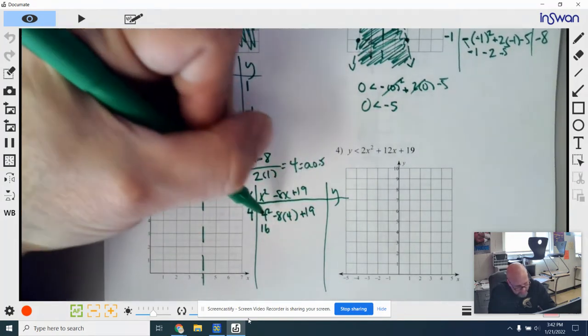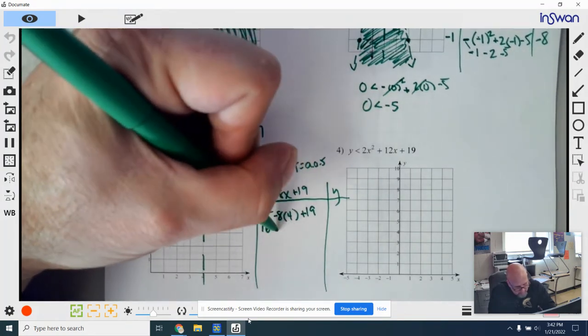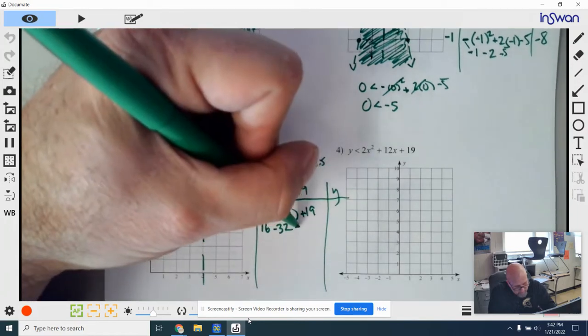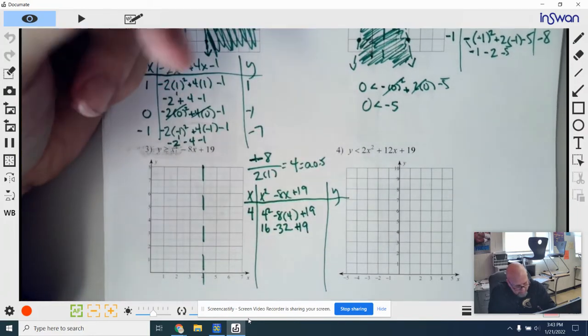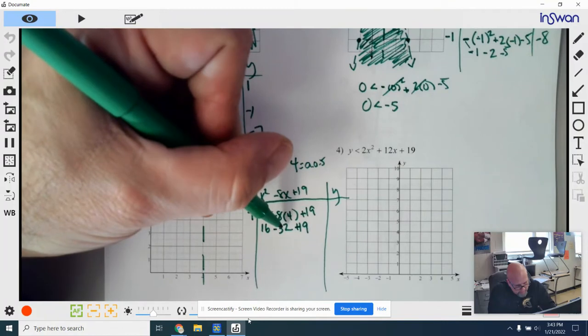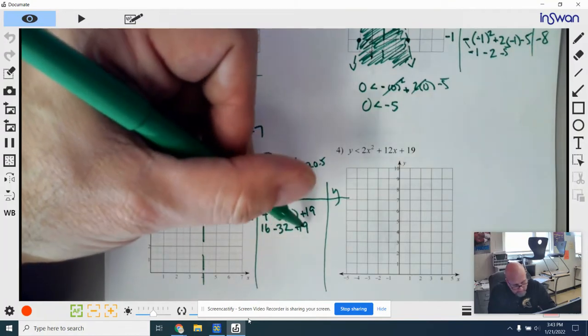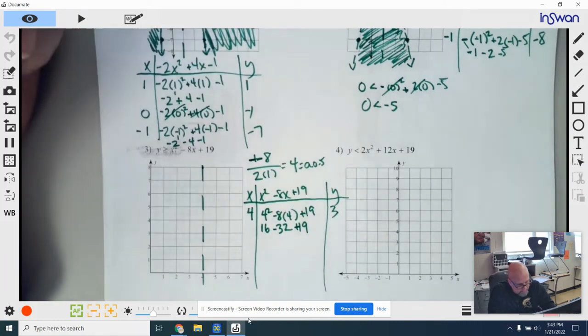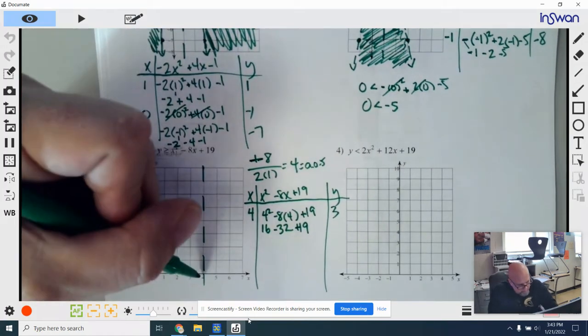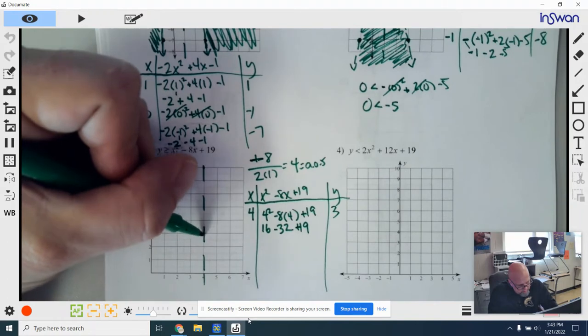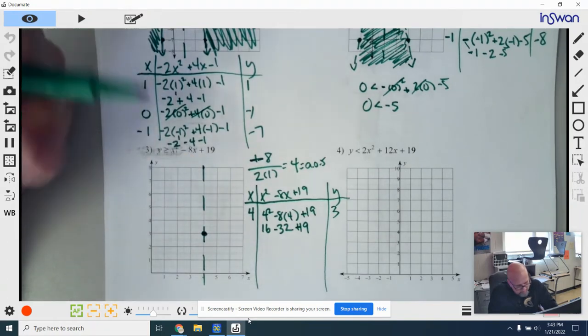So that's 16. Minus 8 times 4 is -32 plus 19. 16 take away 32 is -16, and a -16 plus 19 gives you +3. So at 4, +3, that's going to be our vertex.